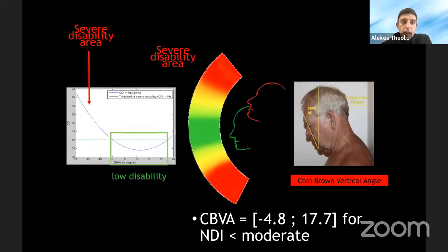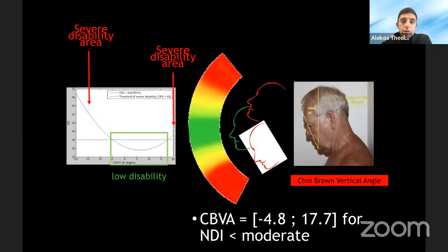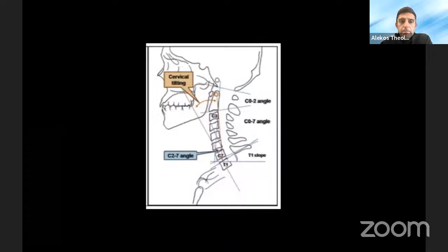However, you can see on the ends of the spectrum here that when your head is fixed, looking more towards the sky, above that 5-degree mark, the higher it gets, the more disabled you become. And the opposite is true. So below 20 degrees of flexion, your NDI becomes considerably compromised.